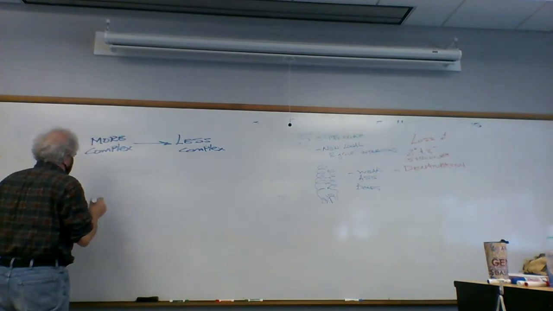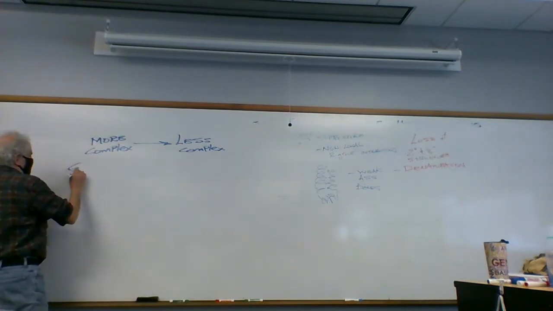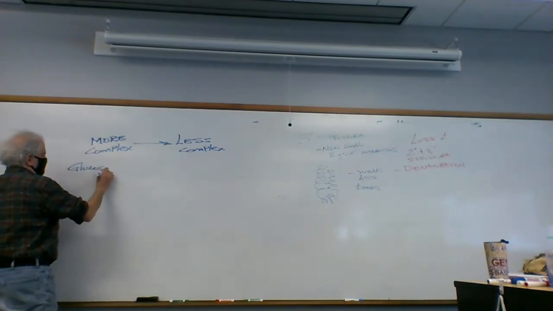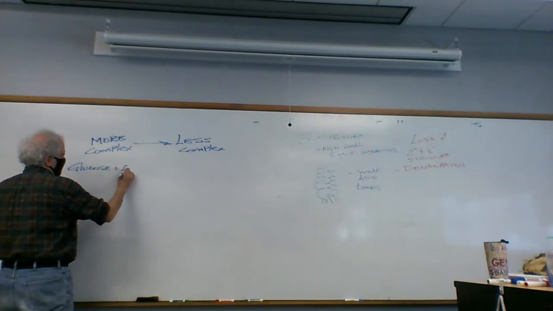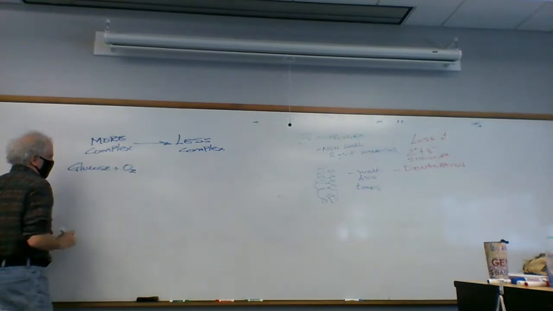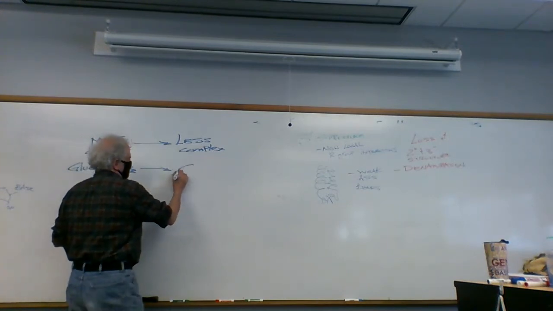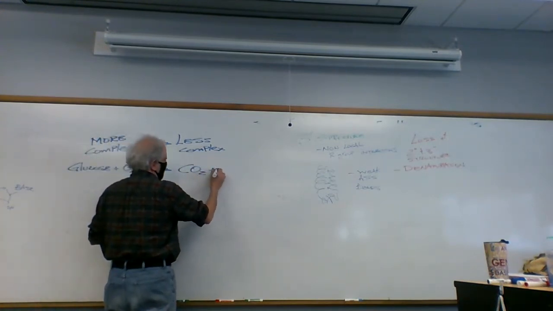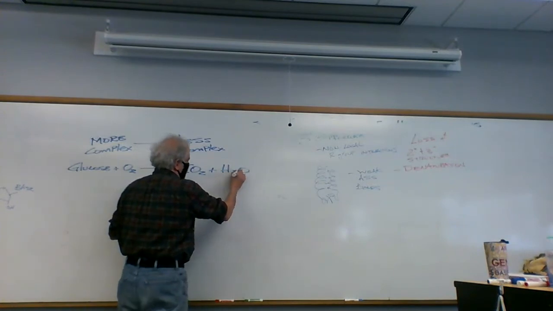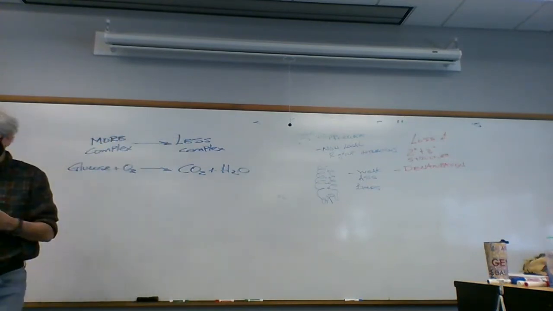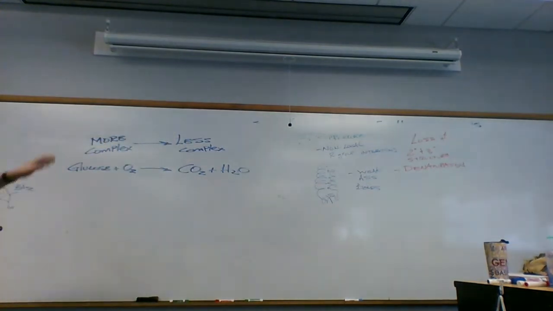So, just as an example, we can have glucose, and we'll throw in an oxidizer, oxygen. And this is going to break into carbon dioxide and water, simpler molecules. So we go from the more complex to the simpler. And I will just say, this is a perfect example of fire.